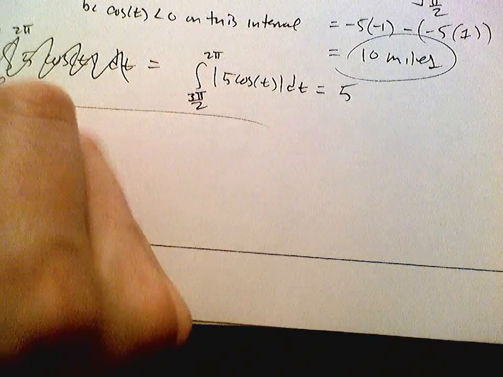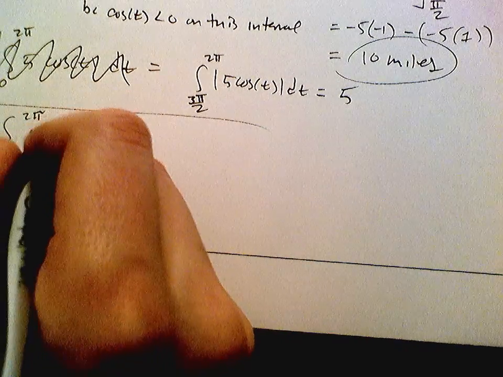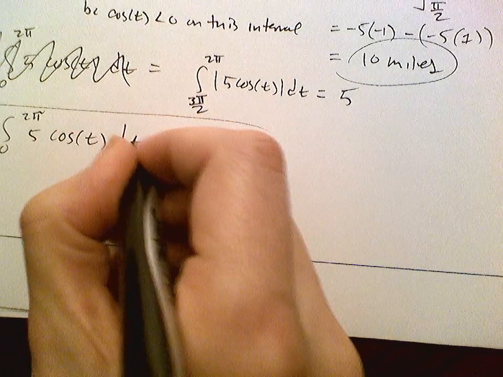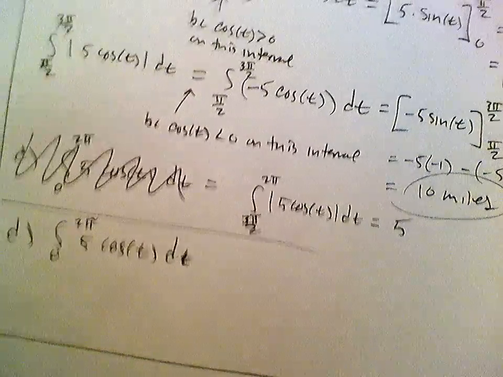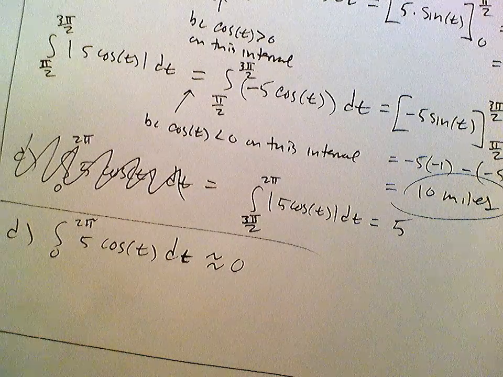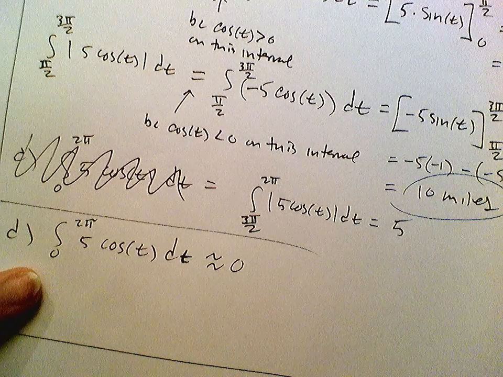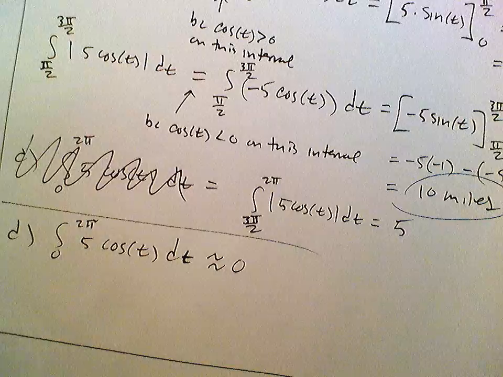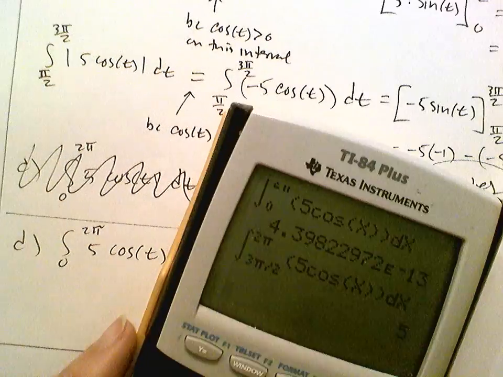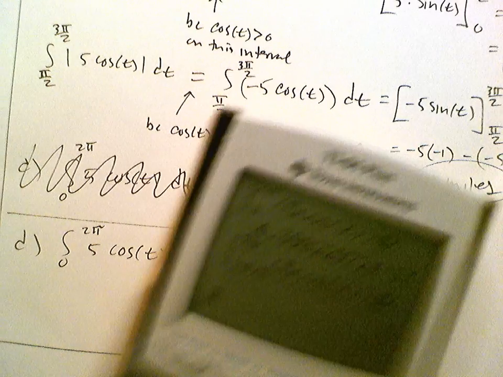Okay, so anyway, for part D, we did 0 to 2 pi, 5 cosine of t dt. All right, so this was about 0. So the displacement, which is the distance from the initial position, we're almost right back at the beginning, and that makes sense. I just plugged it into my calculator and I got a very, very small positive number.